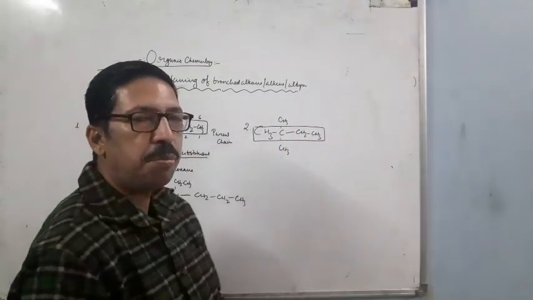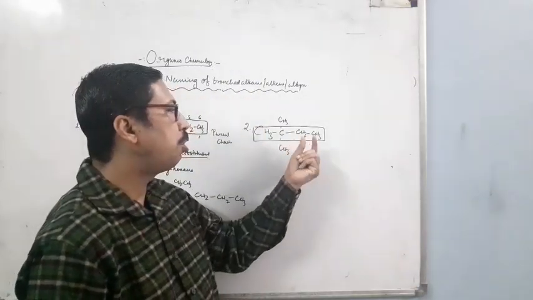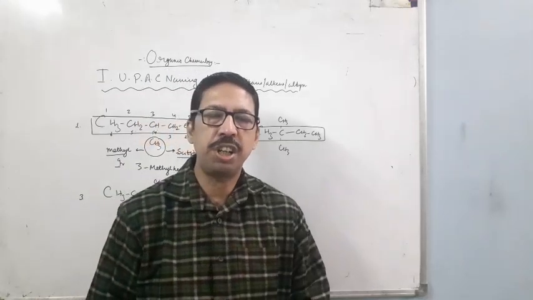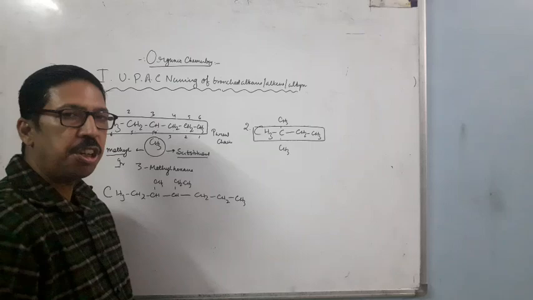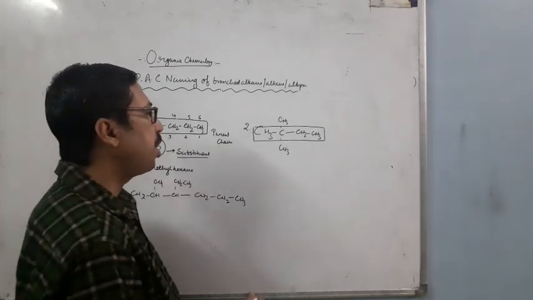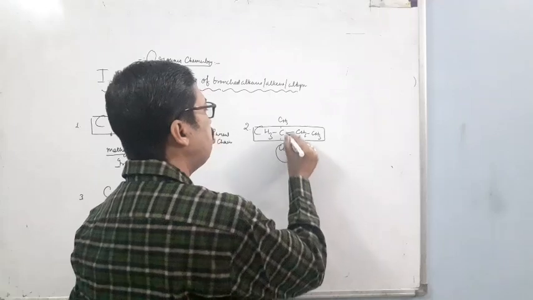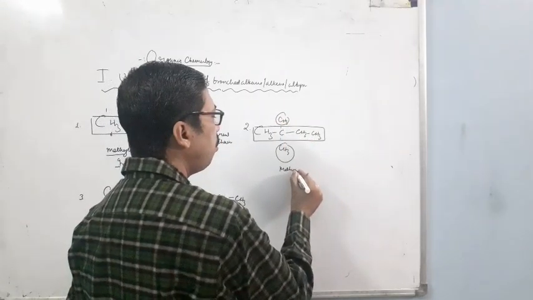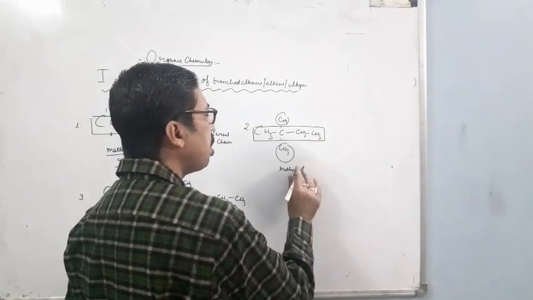In every case, if we choose this one, the number of substituents attached to the parent chain remains the same. So we can choose any of the longest carbon chains. This is the substituent and the name of the substituent is methyl group or simply methyl.